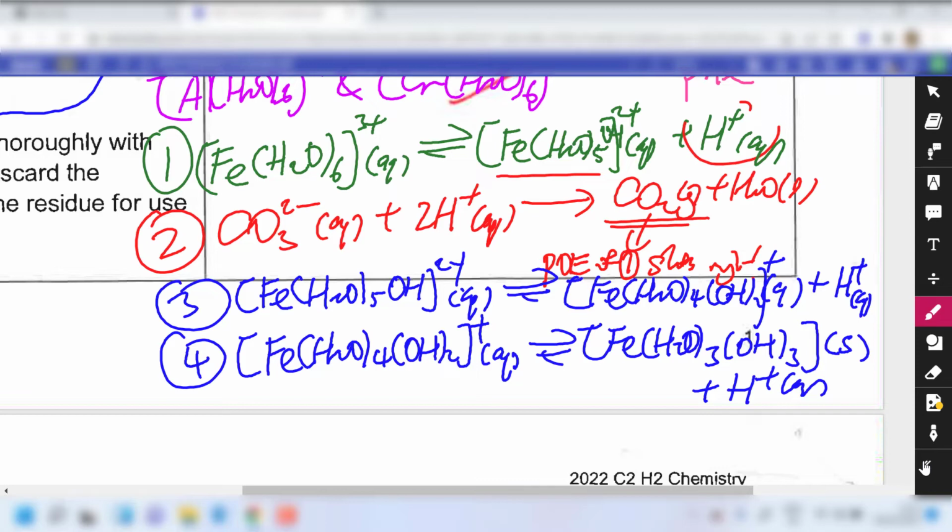So it could be a mix of these species, but of course the precipitate you observe, all situations being ideal, would be the reddish brown precipitate of iron(III) hydroxide with the three water ligands as well.